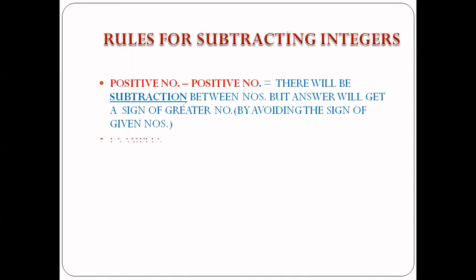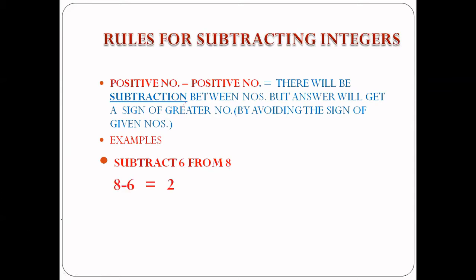Let's see the example. The example says subtract 6 from 8. Here 6 is a positive number and 8 is also a positive number. When we subtract 6 from 8, whichever positive number is getting subtracted from another positive number will turn into a negative number.